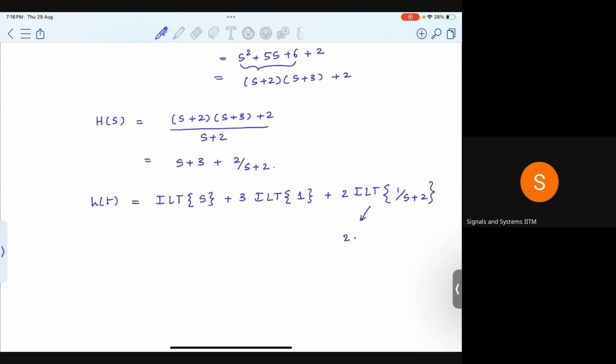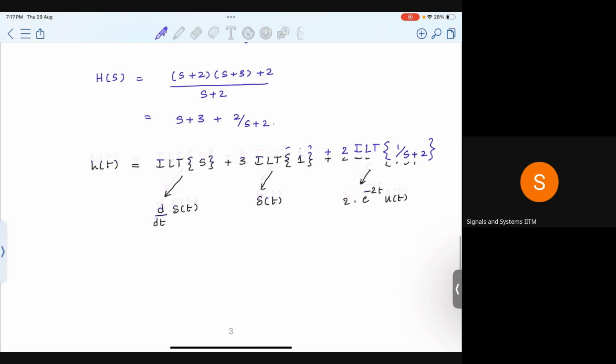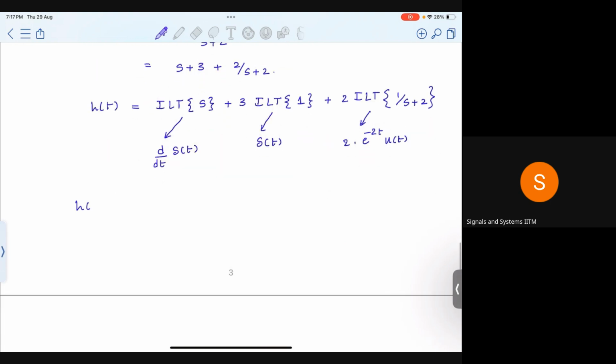Hence this is 2 times e power minus 2t u of t, and the inverse Laplace transform of 1, we know that it is delta of t. The inverse Laplace transform of s, we know that that is d by dt of delta of t, right? So the final h of t expression could be d by dt of delta of t plus 3 times delta of t plus 2 times e power minus 2t u of t.